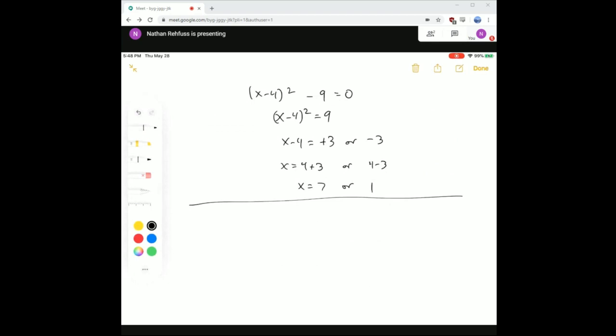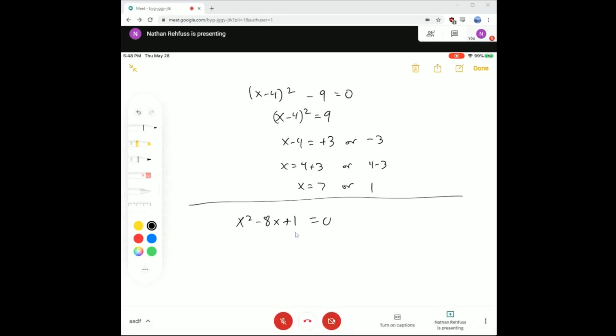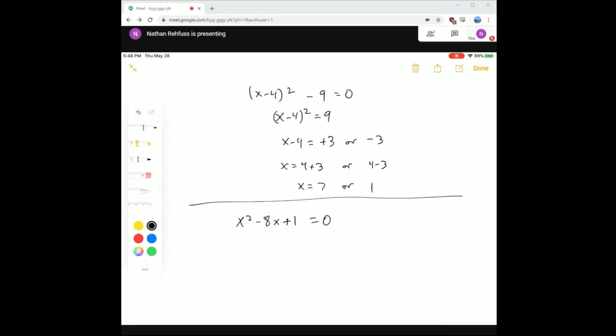This even works for problems that can't normally be factored. So let me go back and say again, let's say x squared minus 8x plus 1 equals 0. There's no way to factor this. I can't think of two numbers that add up to -8 and multiply to 1. That would be a tall order. But what I can say is, just like before, I would love it if I had the perfect square, x squared minus 8x plus 16.